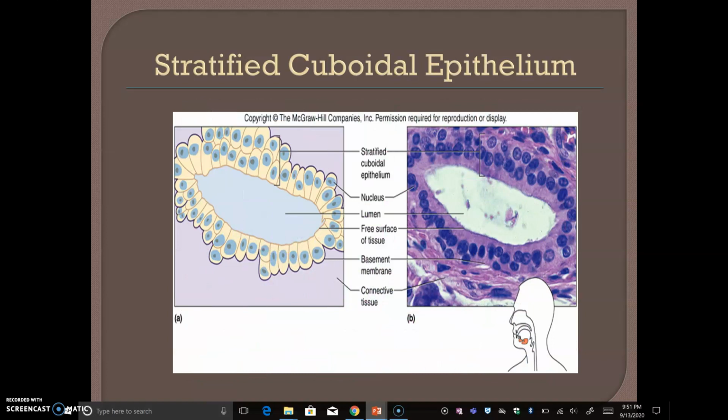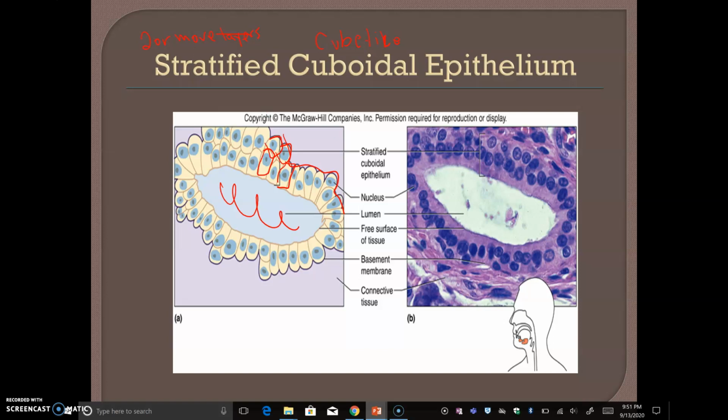So stratified cuboidal, again, 2 or more layers, and cube-like. So you can see here our free space again. We have a basement membrane going around these, but we have these cube-like cells stacked up on top of each other.